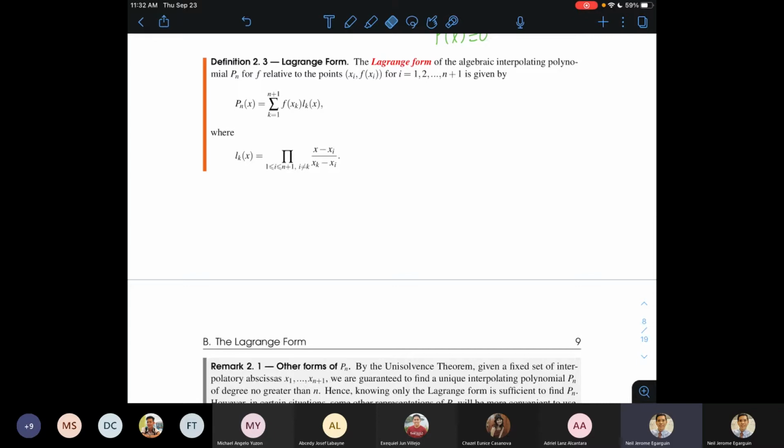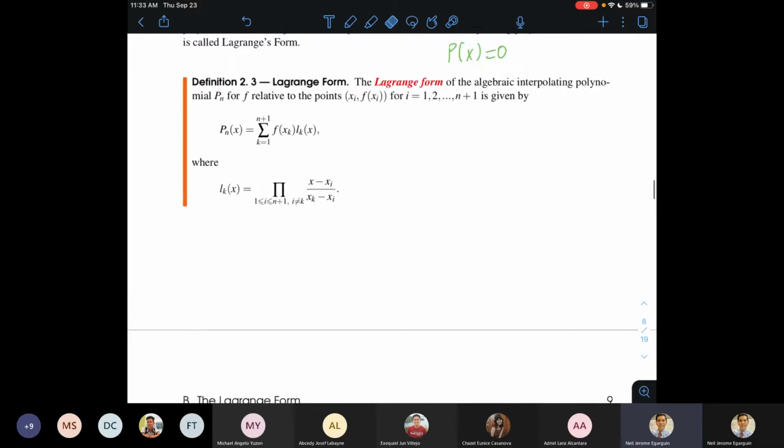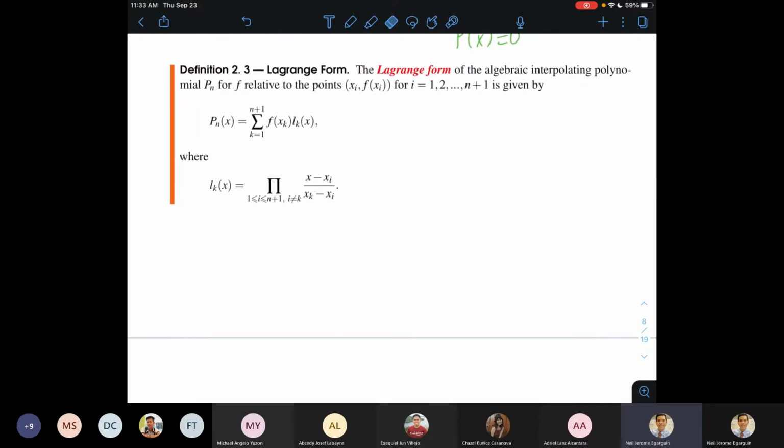The proof actually convinced us that that result is true, but not only that, the proof also provided us a way on how to construct the interpolating polynomial. And that's what I have here in definition 2.3, which is the Lagrange form for the algebraic interpolating polynomial.